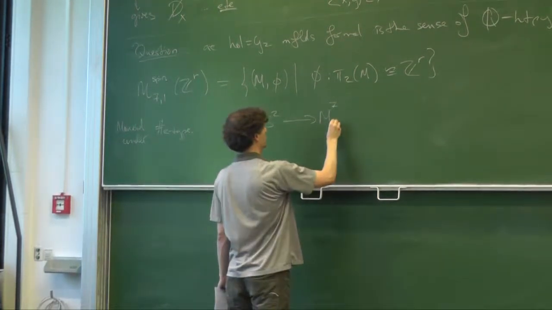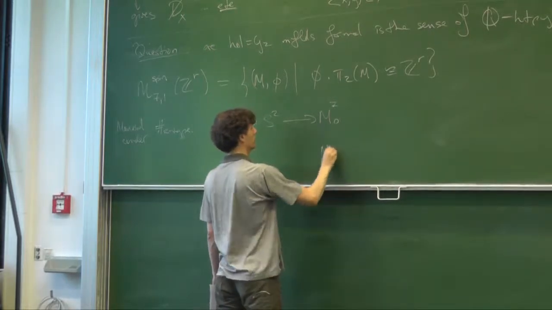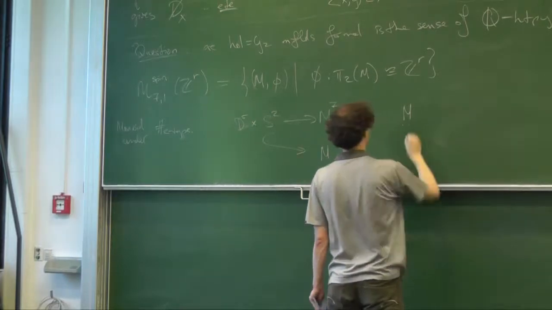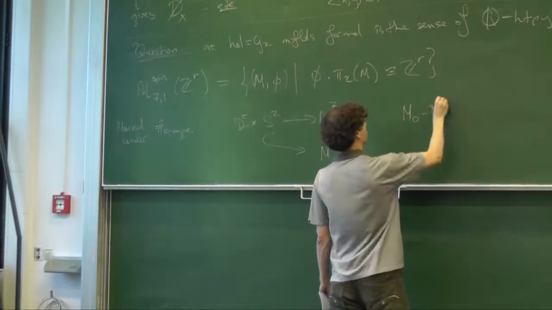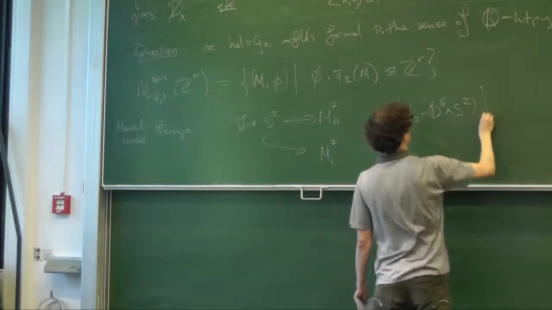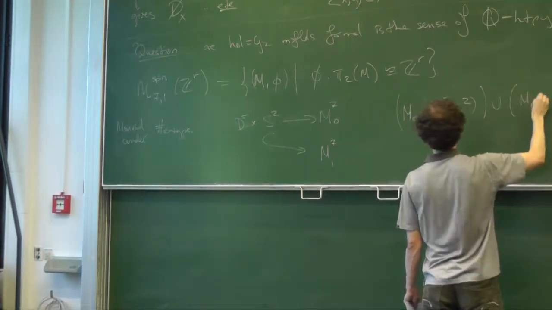So now if this was happening in M0 and this was happening in M1, I could take their connected sum, right? I would just cut out this copy here. This is sometimes called parameterized connected sum, and we can glue it to the other one.